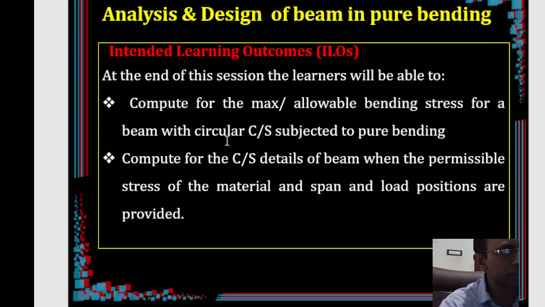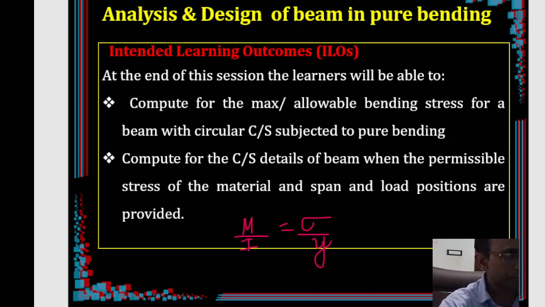The main equation that I am going to use throughout the discussion is the pure bending equation, M by I equal to f by y, or you can say sigma by y, for explaining these two concepts.